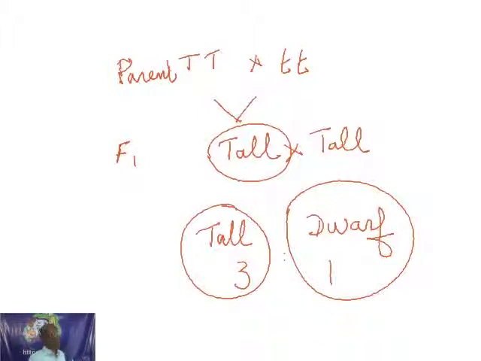After doing this, he went for what is called a dihybrid cross, in which he took two characters simultaneously for discussion.